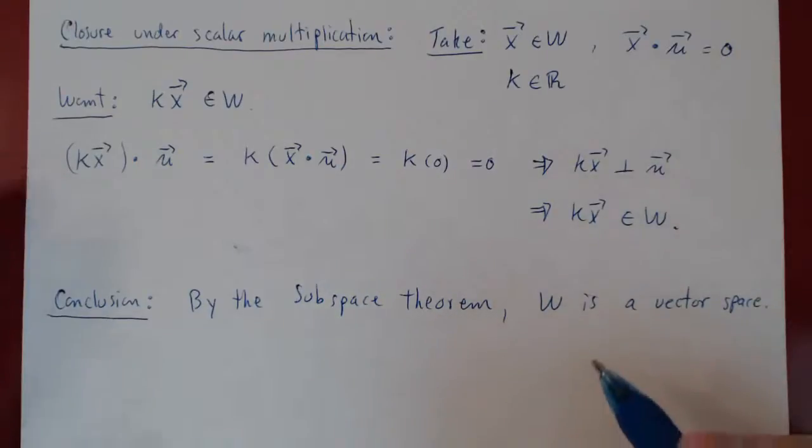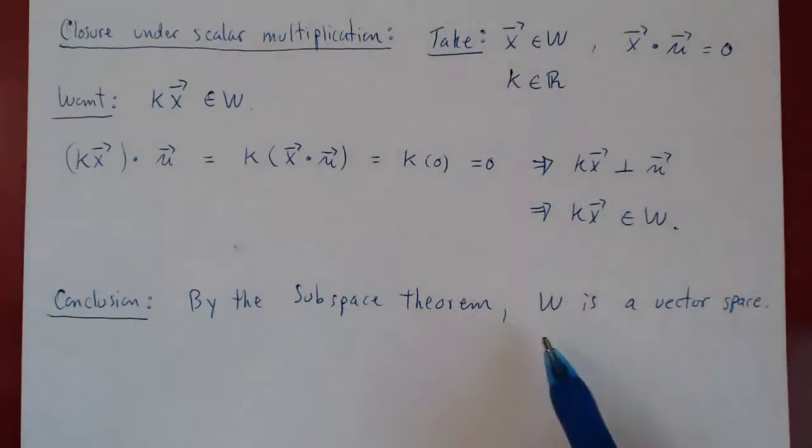So W is a smaller vector space living in the larger vector space R4. Now this completes our proof that W is a vector space by the subspace theorem.